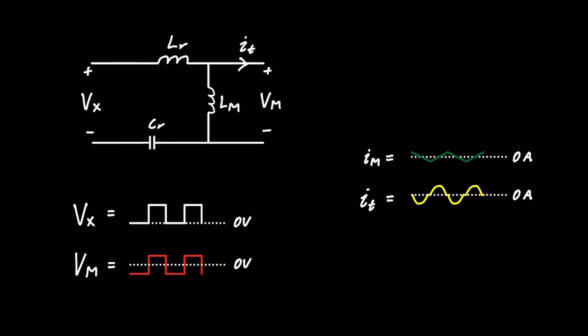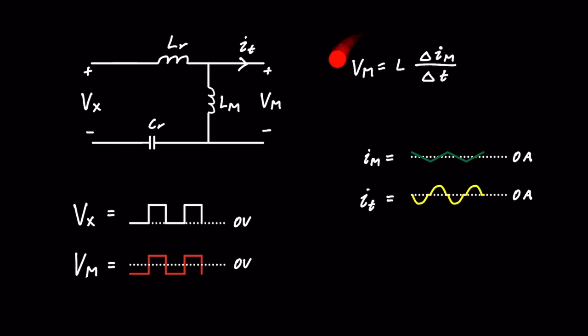With this voltage Vm, we can calculate the current going through the inductor, which is Im, because Vm should be equal to L multiplied by the change of Im over the change of time.